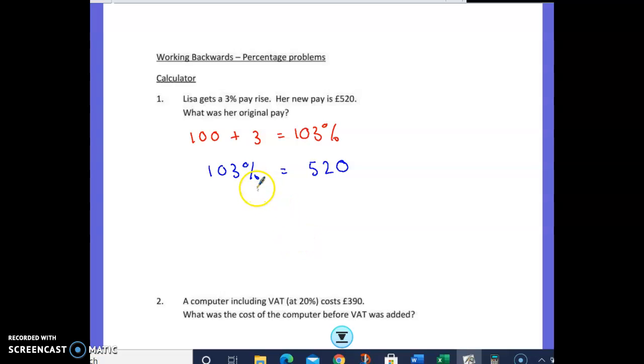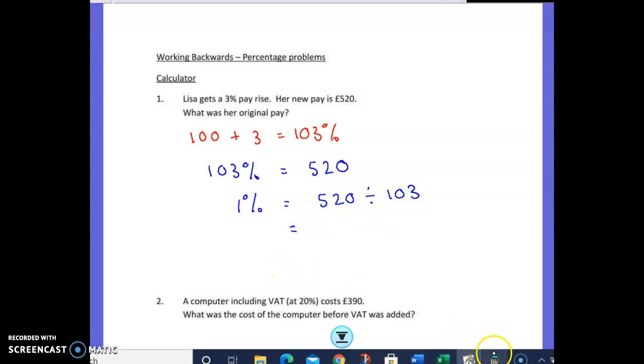Okay, we know she's at 103%. If we want to know her original pay, we want to find out what 100% is, but we can start by finding 1% to make it easier. If I know 103% and I want to find 1%, I can divide by 103, and that will give me 1%.